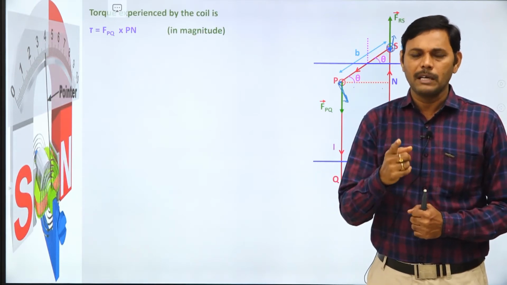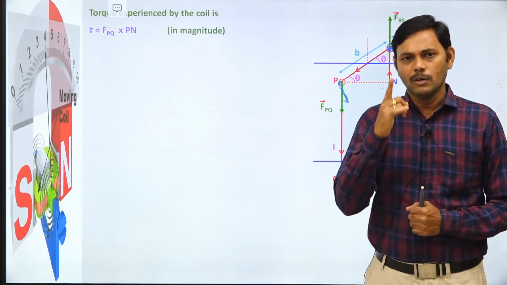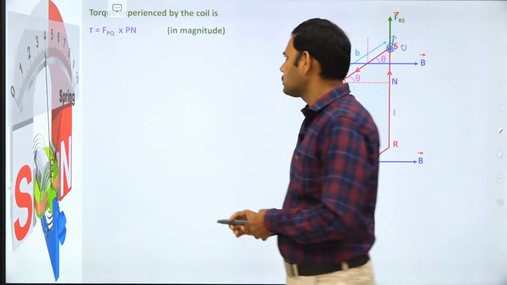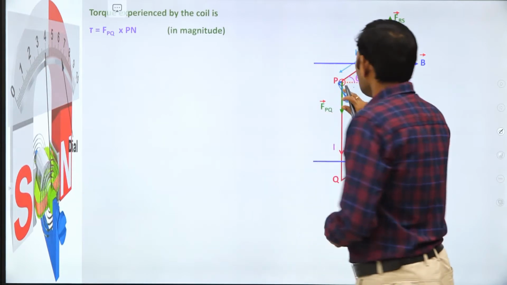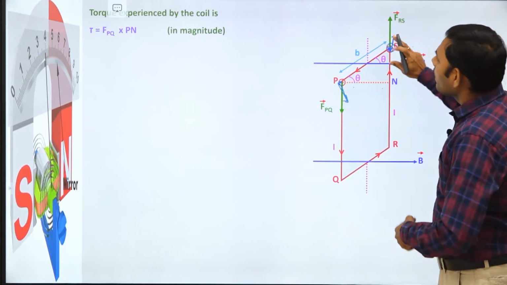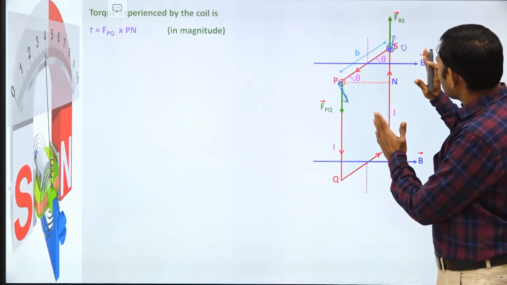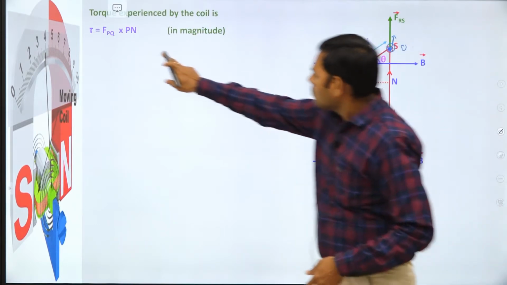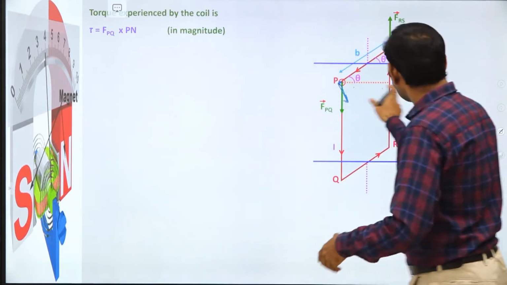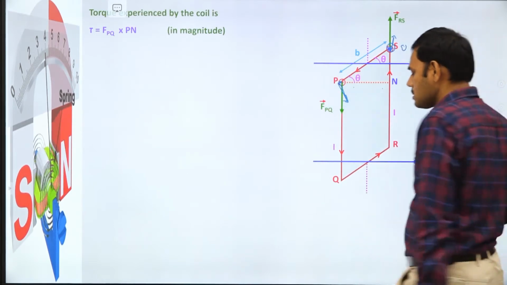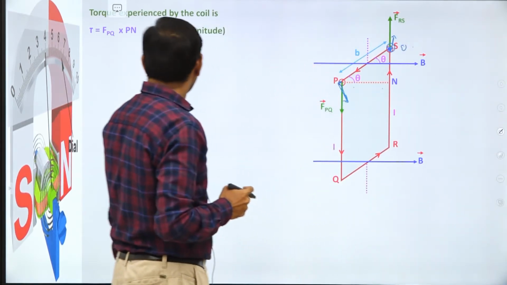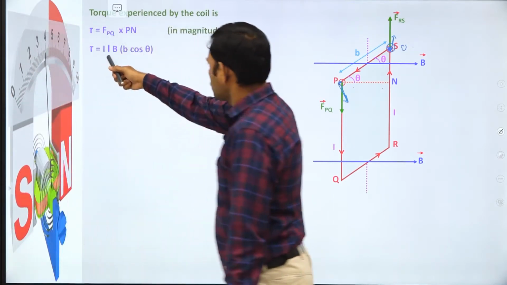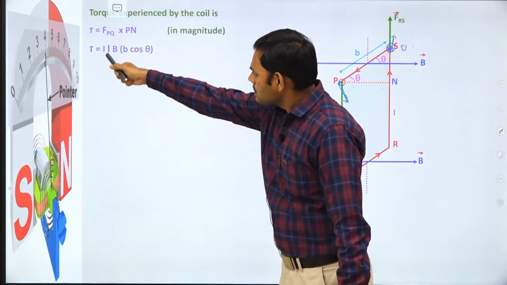Once again I repeat, torque is the product of force and perpendicular distance between the lines of action of the forces. So FPQ and FRS are equal and opposite, so they contribute a couple. Then the torque produced by the couple is the product of the magnitude of one force and the perpendicular distance between the two forces, that is Pn. And here, see students, we calculated the force is ILB.